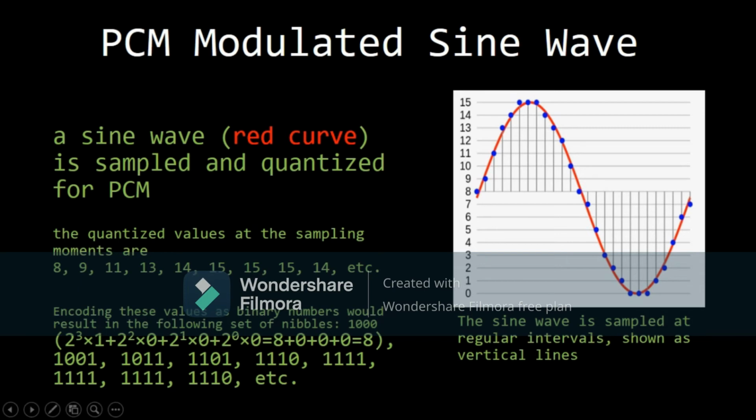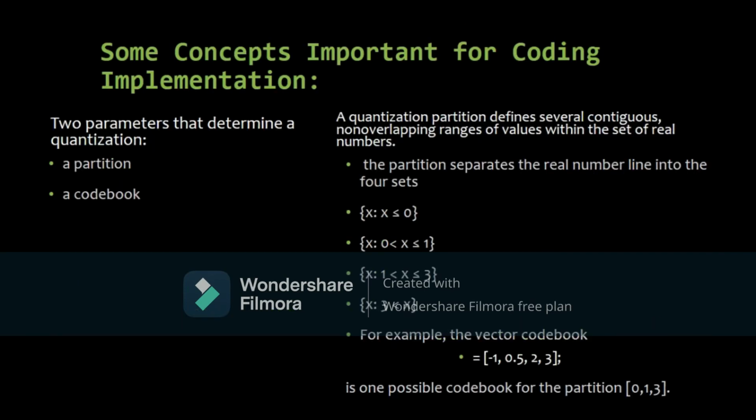The sine wave is sampled at a regular interval, as shown in the figure. Some concepts are important for coding implementation. Two parameters determine the quantization: a partition and a codebook. The quantization partition defines several contiguous, nonoverlapping ranges of values within the set of real numbers.